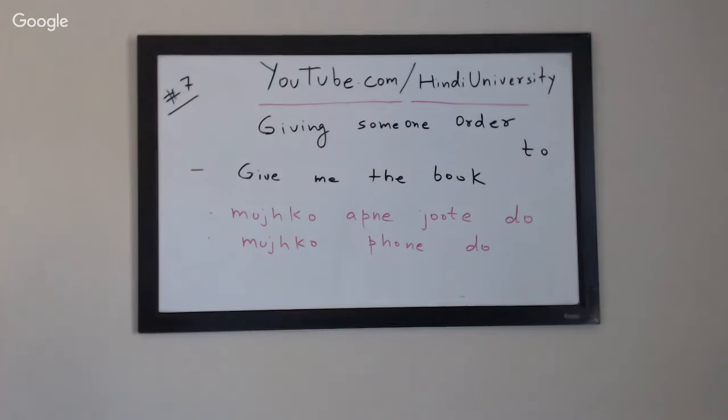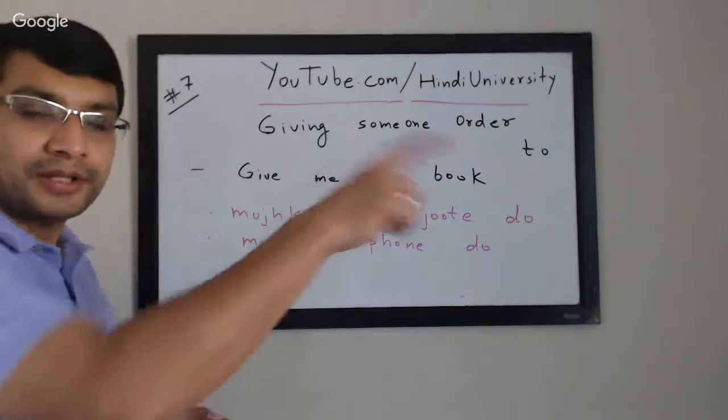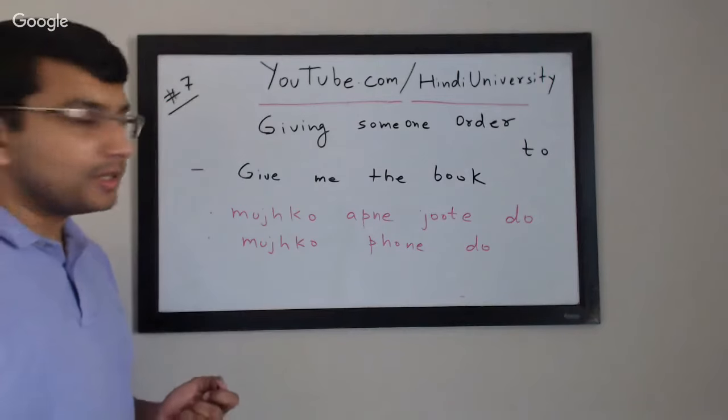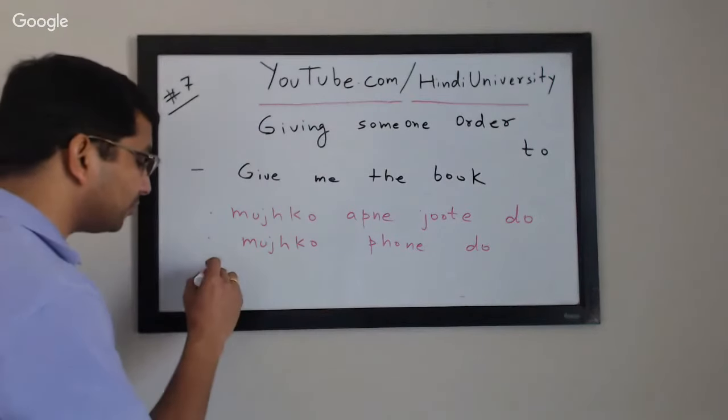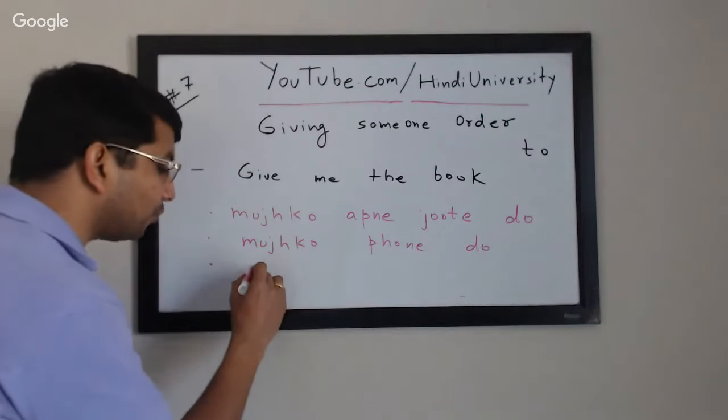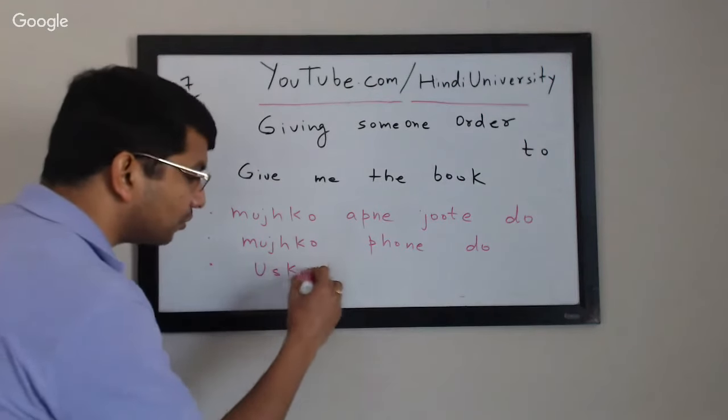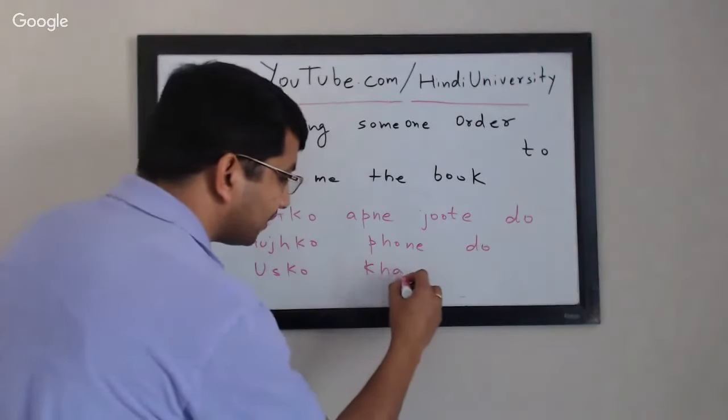So you're trying to say आपको. If you are really pointing it to someone, then you can say give him. So उनको और उसको खाना दो.